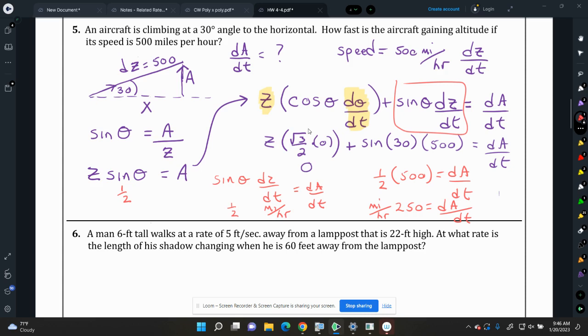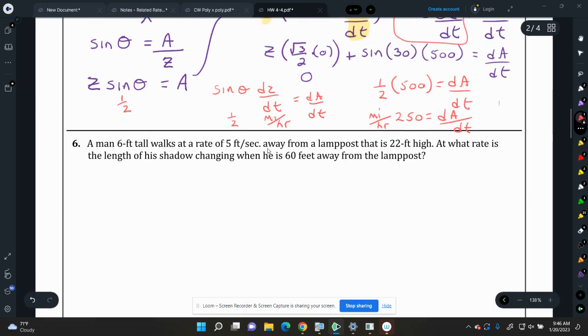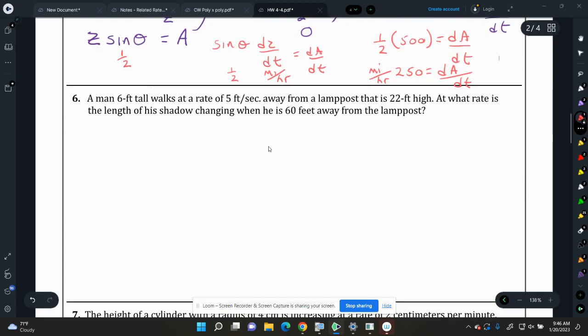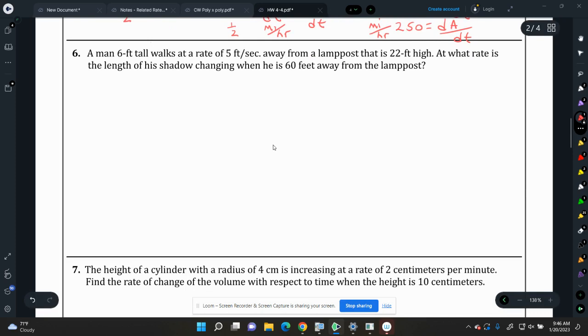Okay. All right, let's look at number 6 together. A man 6 feet tall walks at a rate of 5 feet per second away from a lamppost that is 22 feet high. At what rate is the length of his shadow changing when he is 60 feet from the lamppost?